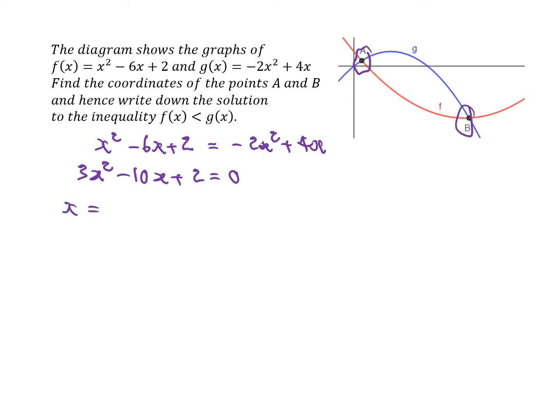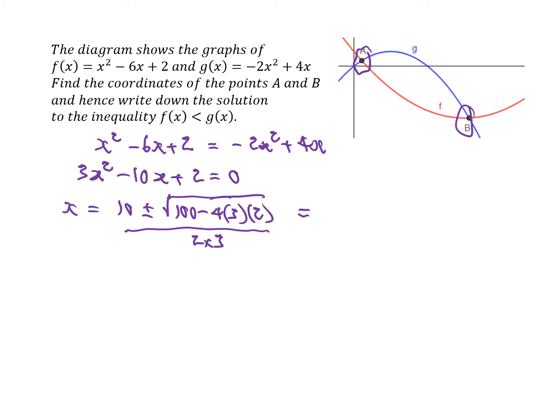Let me do that in case you haven't got that facility in your calculator. So we get x equals minus b, which is 10, plus or minus the square root of b squared, which is 100, minus 4 times a, which is 3, times c, which is 2, all divided by 2a, which is 3.